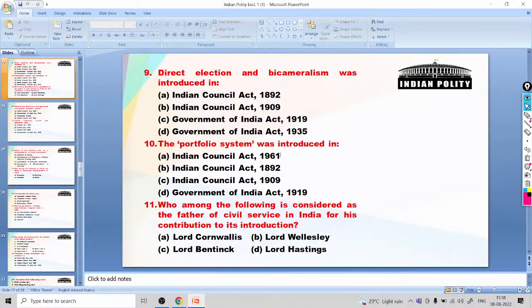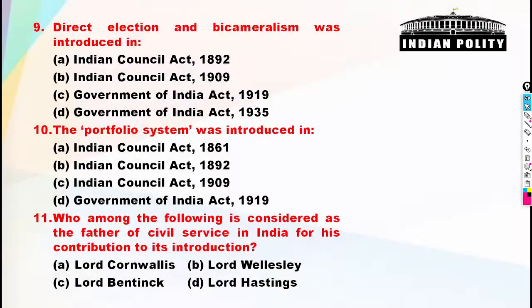So the answer will be A. And I told you it introduced the cabinet system. So answer will be A.